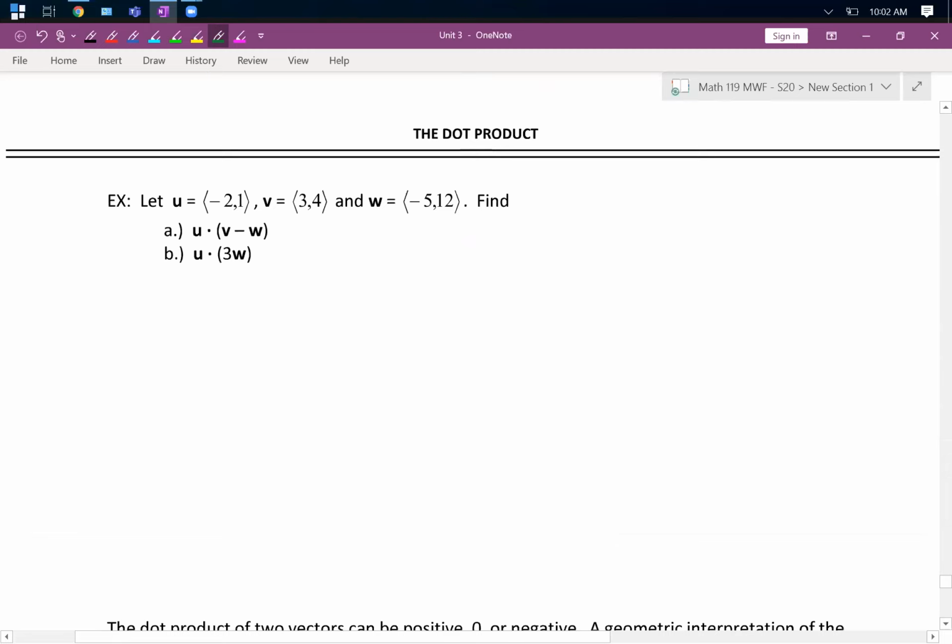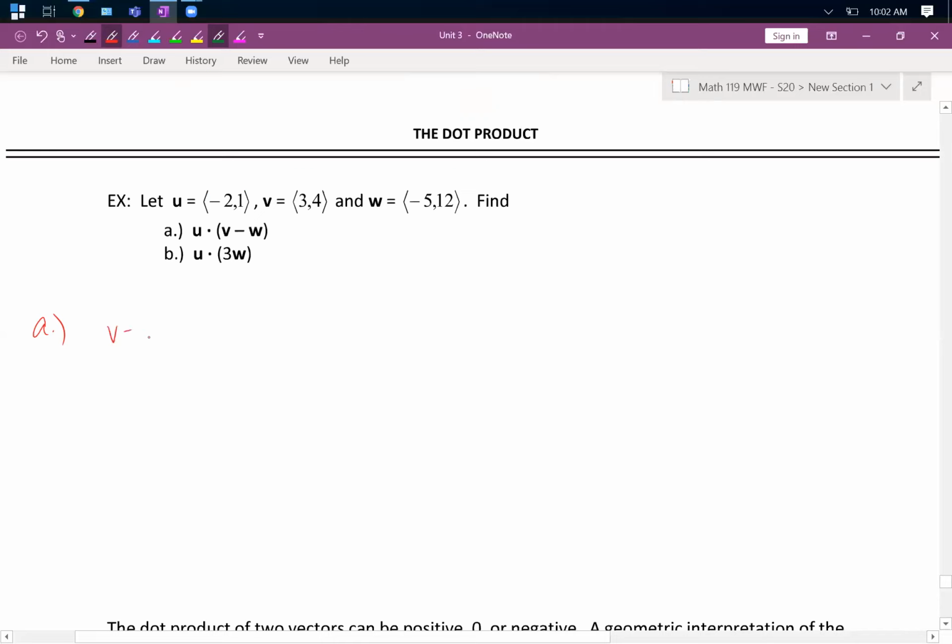All right, so we've got 3 vectors here. We just want to perform some operations. So this first part here, yeah, it is true that dot product is distributive, but personally, I wouldn't do it. I would just find the difference between the 2 vectors and then dot it once rather than dotting things twice.